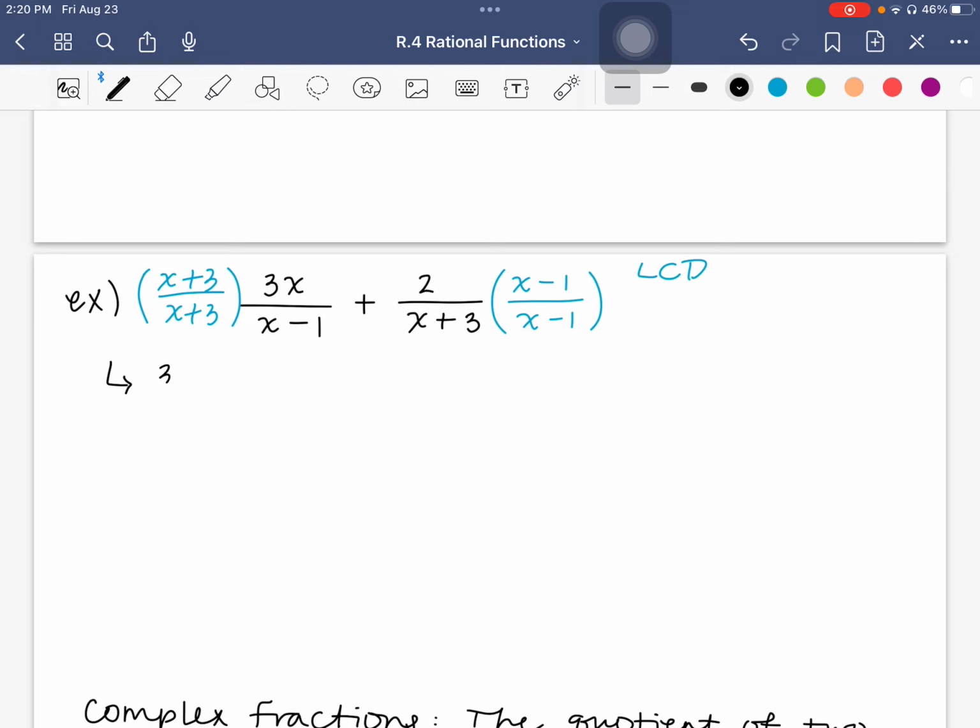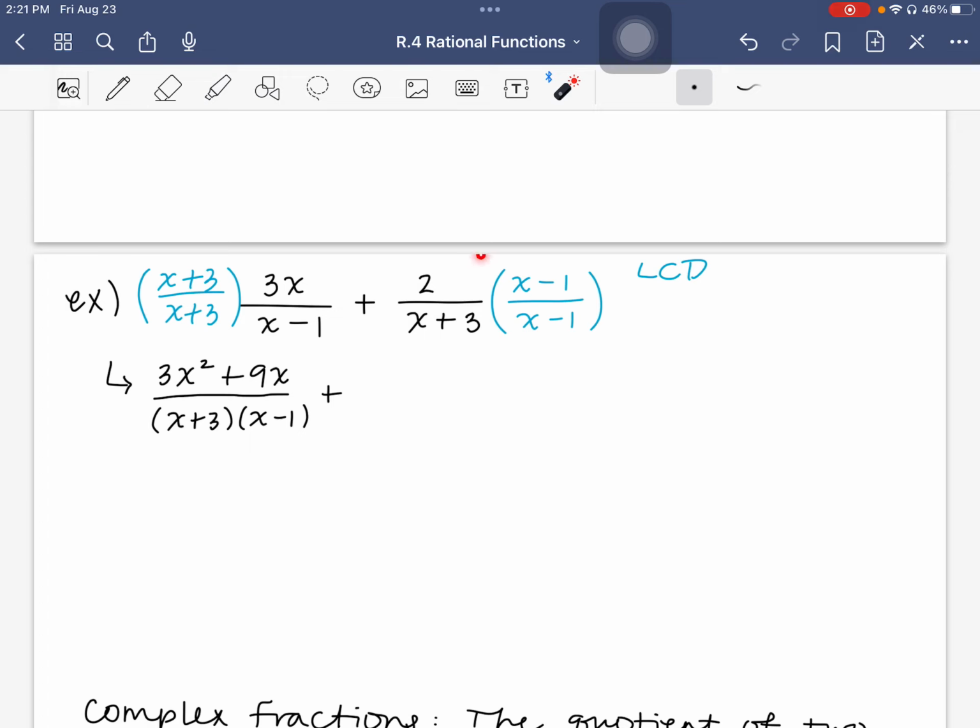So we end up with 3x squared plus 9x. And then in the bottom, we have our x plus 3 times x minus 1, which is now our new common denominator. And then same for this side, we're going to distribute this 2 over, so we get 2x minus 2 times 1, which is 2. And then we have our common denominator on the bottom.